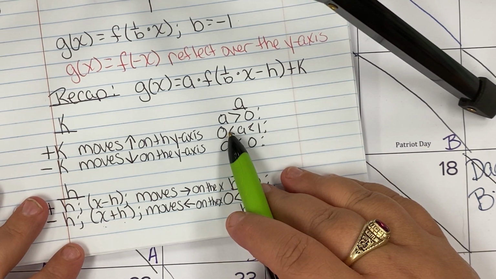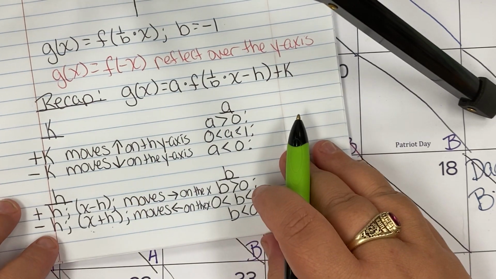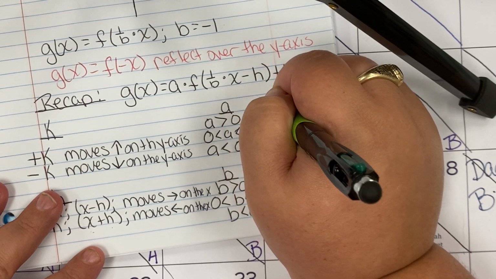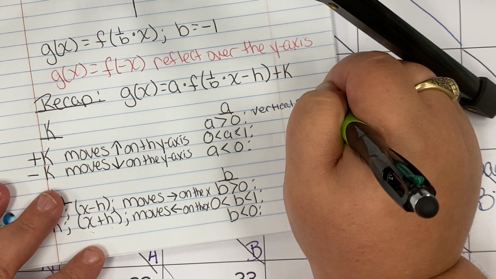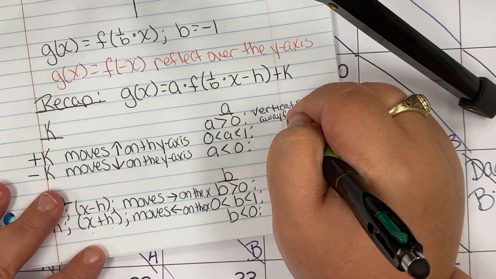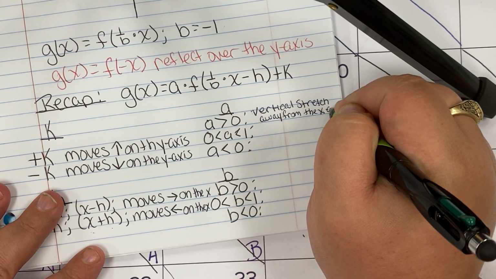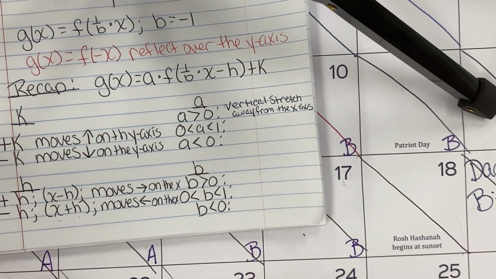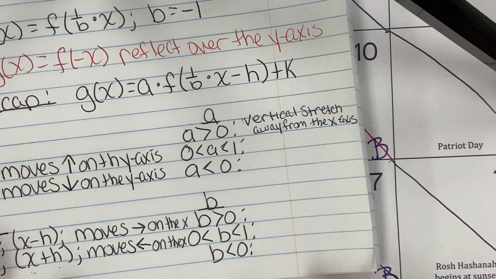If my a is greater than 0, it's a vertical stretch. So it's going to go away from the x-axis.